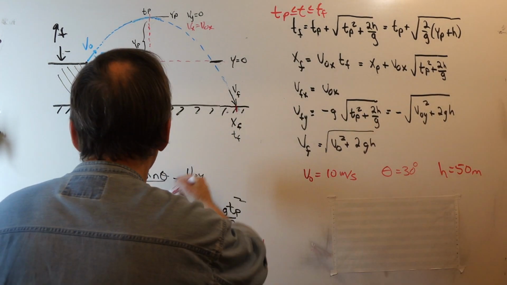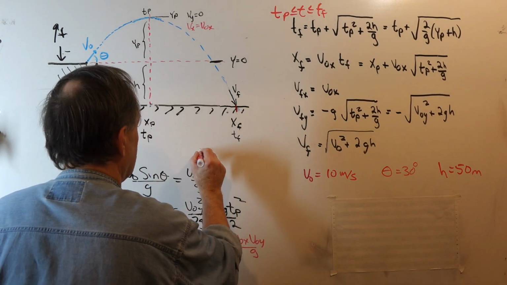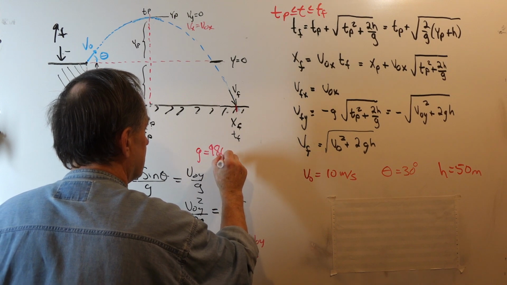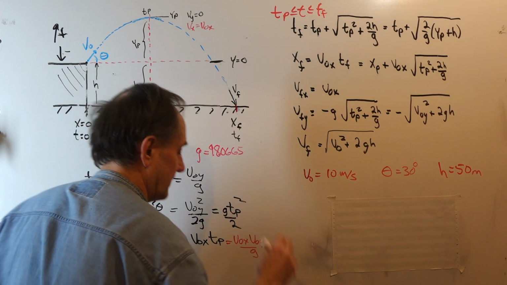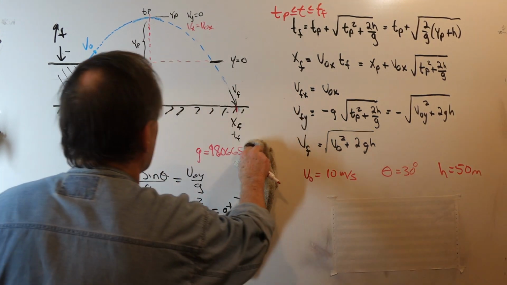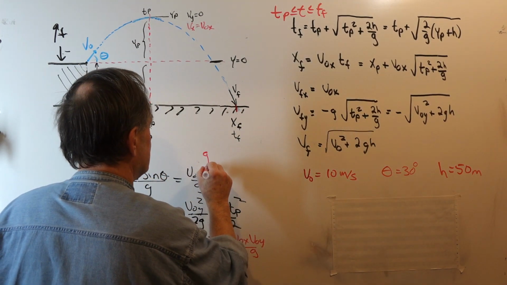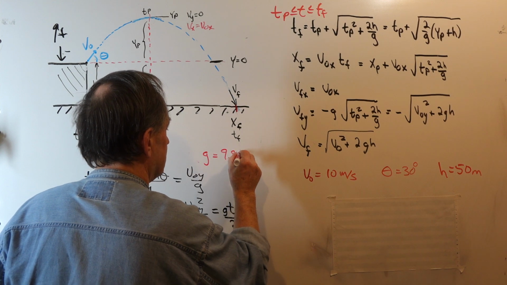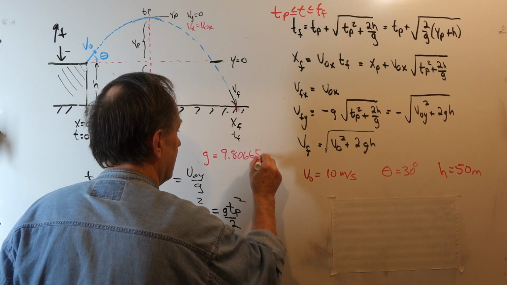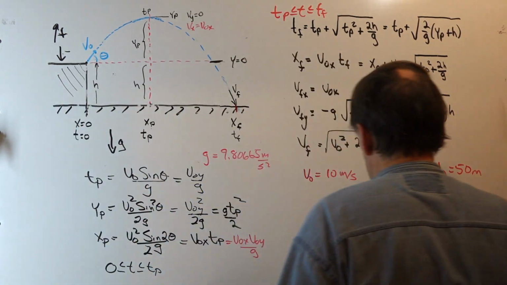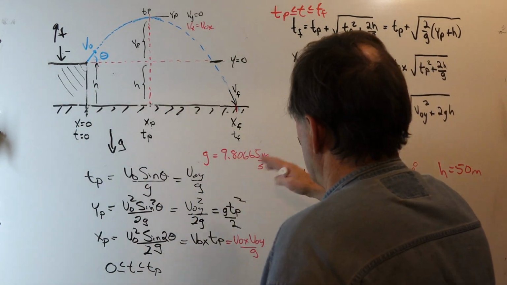And then we know that g, in all these equations, is 9.80665 meters per second squared. So g equals 9.80665 meters per second squared. So all we have to do is plug these values into our equations.